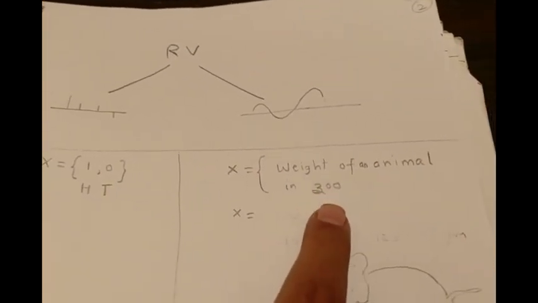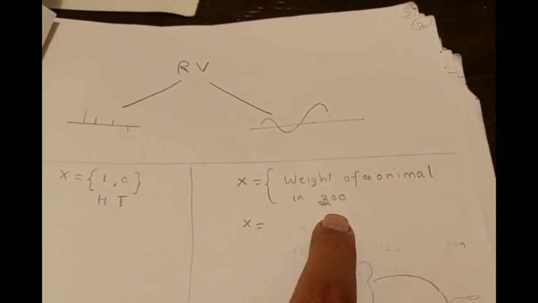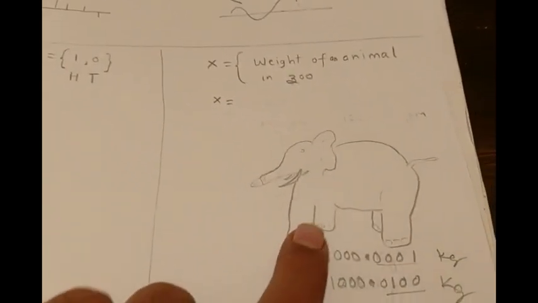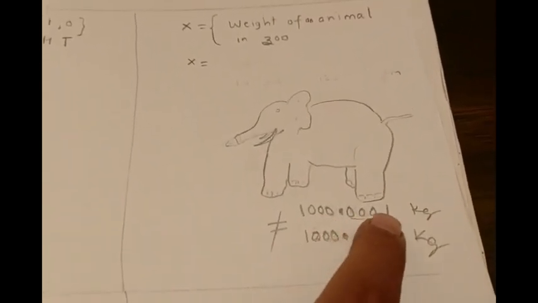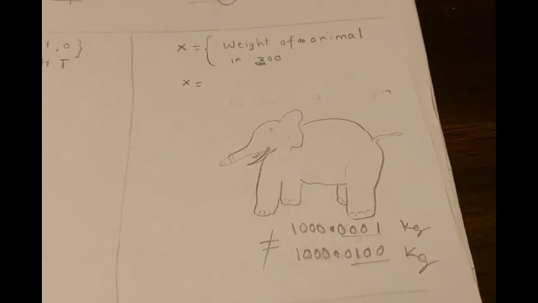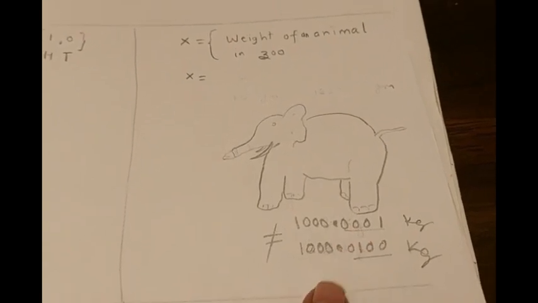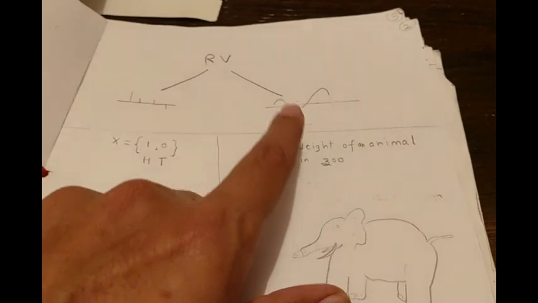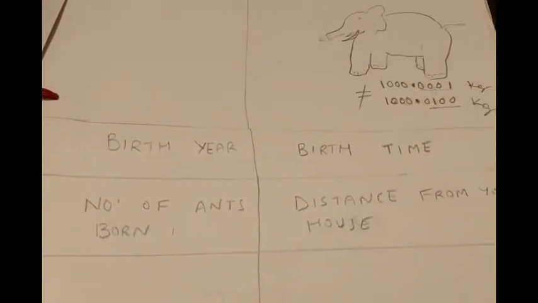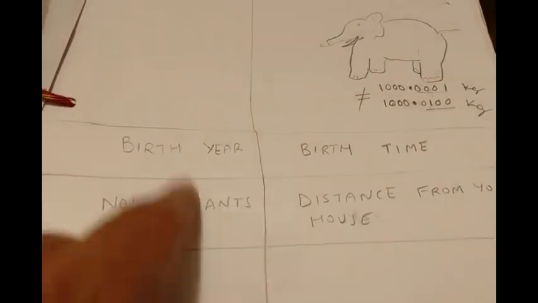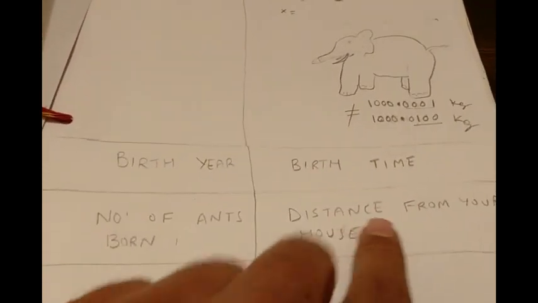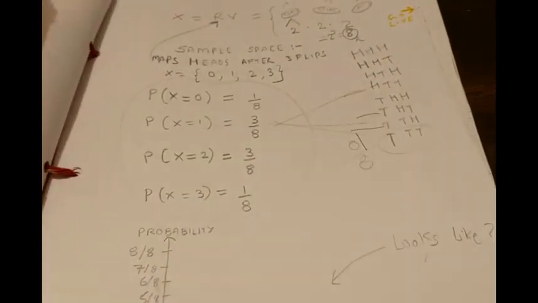But if we want to measure the weight of an animal in a zoo, the weight can vary to any amount. In decimals, we can go to any precision level. So that is an example of a continuous random variable. Other examples can be these, and you can think over them and they will fit correctly into this classification.